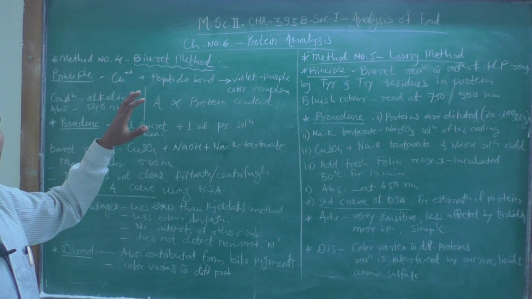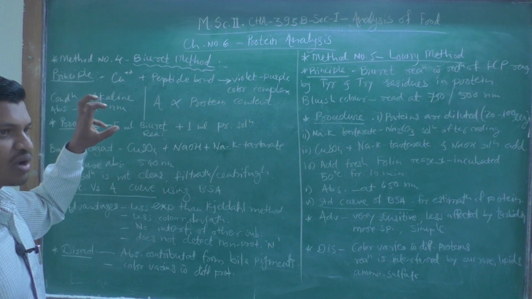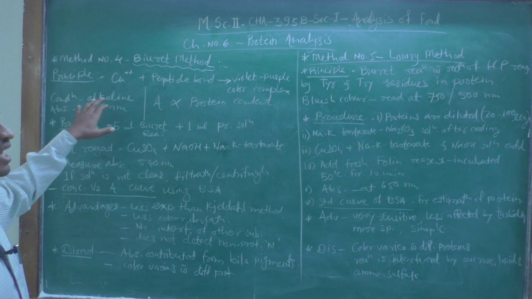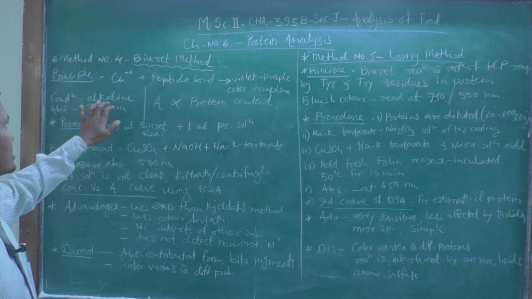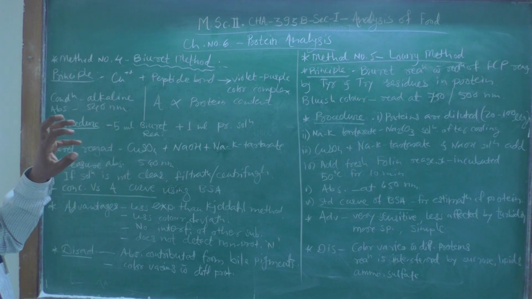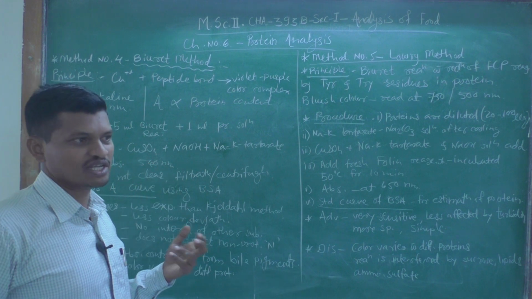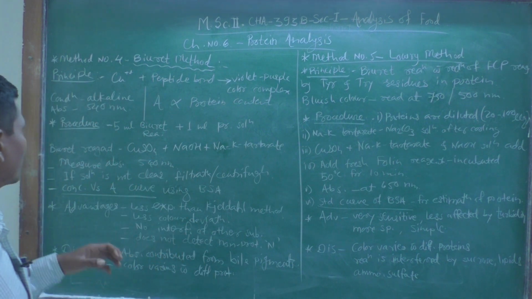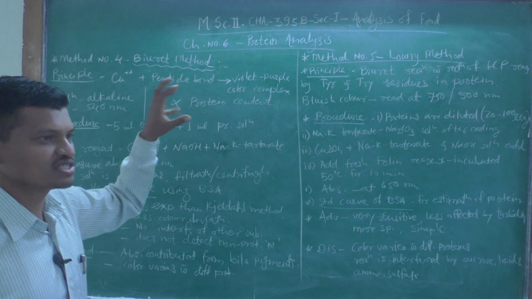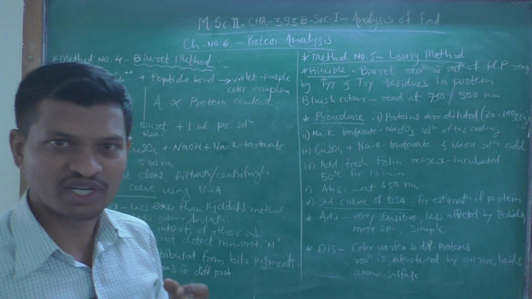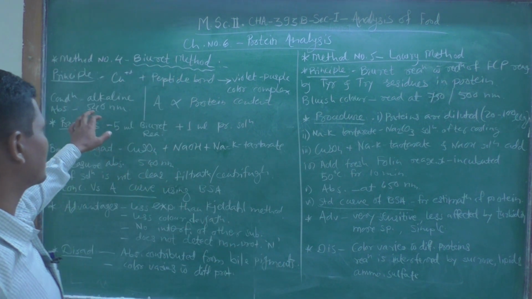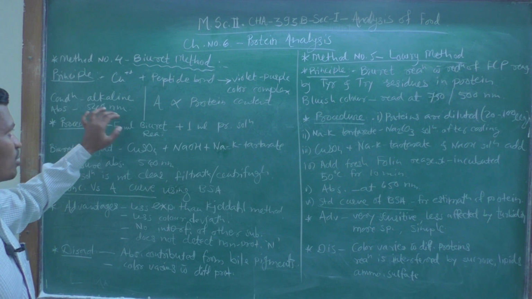The condition for this formation of colored complex is alkaline condition. That means we are using a base, that is NaOH, KOH, etc. And the absorbance is measured at 540 nanometer, that is lambda max 540 nanometer.